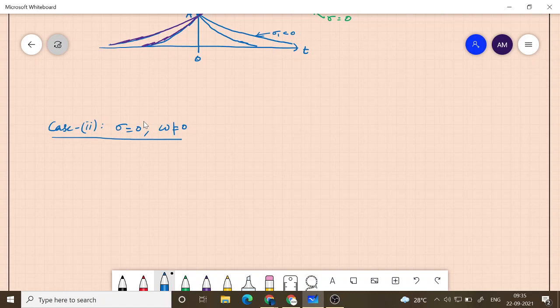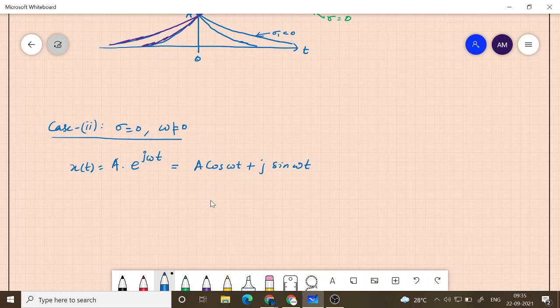So in that case, our x of t is going to be a into e raised to j omega t. If I write it using Euler's identity, I will get a cos omega t plus j sin omega t. So this is a complex function.